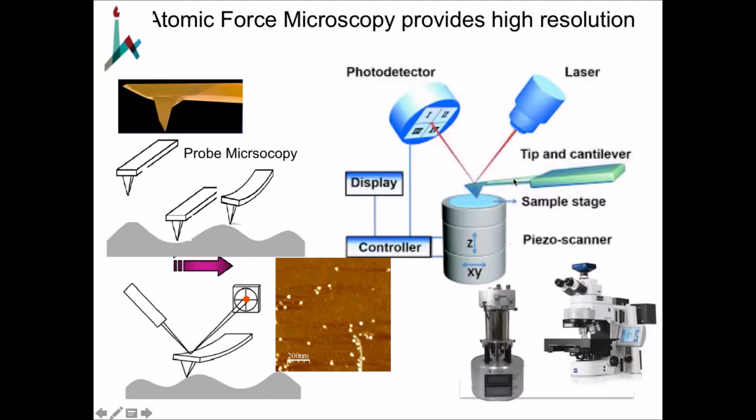You basically, in the simplest version, take a cantilever and a piezo, usually a cylindrical piezo, that can move X and Y and a little bit in Z. And you bounce a laser beam off that cantilever onto a position-sensitive detector.